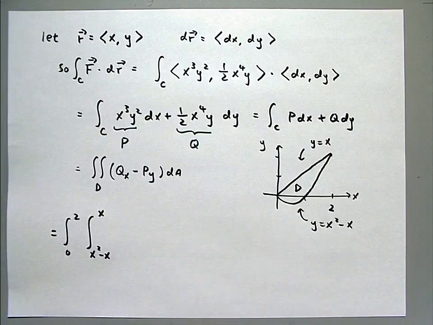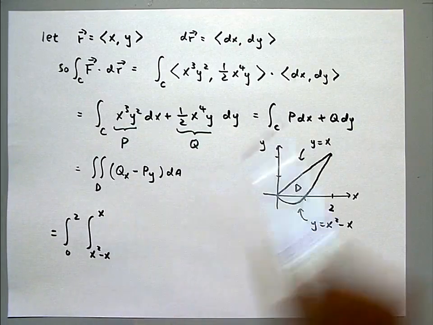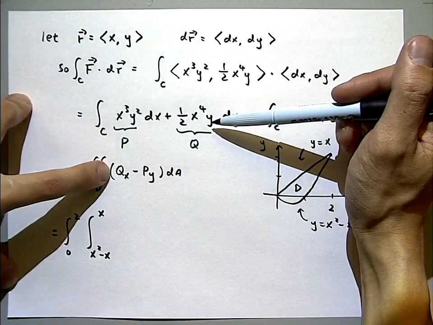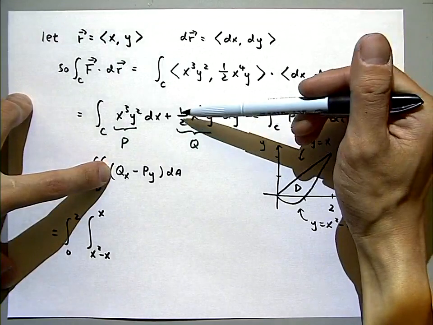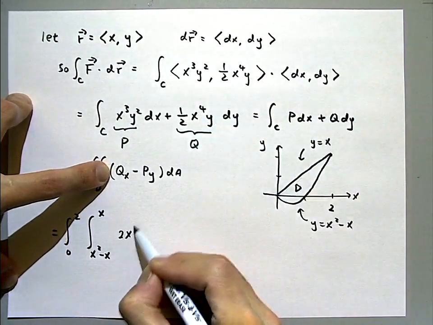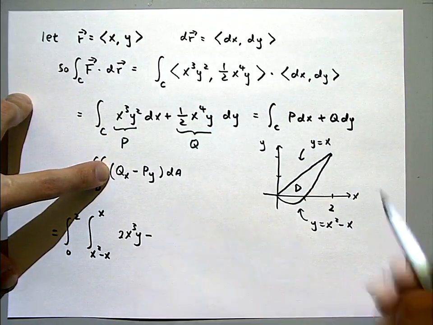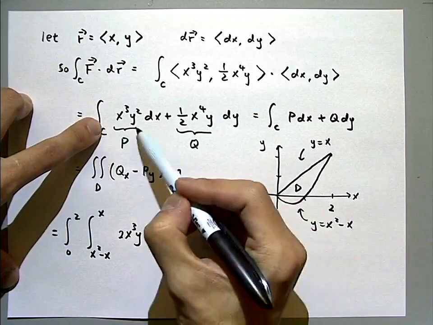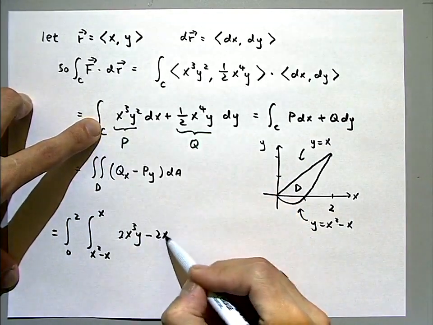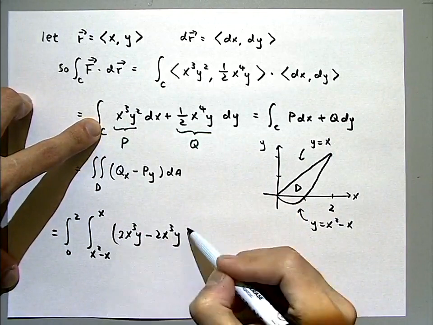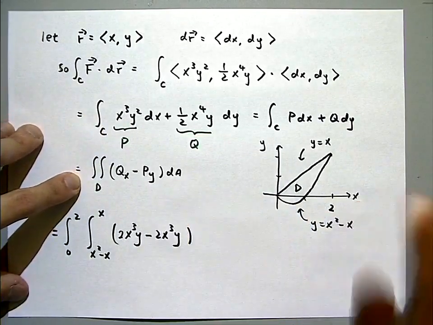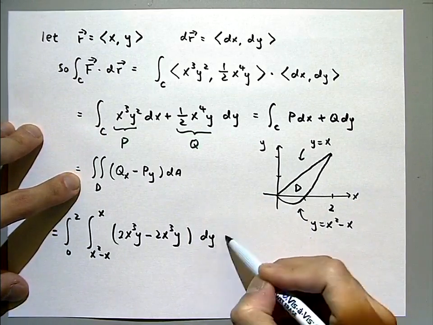And then we integrate over q_x minus p_y. Here's q. Let's take the partial with respect to x. We get 2x cubed y, minus p_y. Take that with respect to y. 2x cubed y. And then dA, we're doing x last, so this starts as dy and then dx.